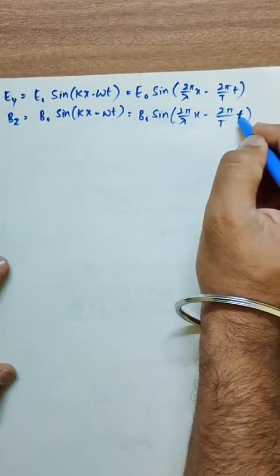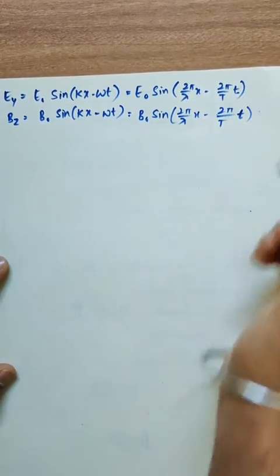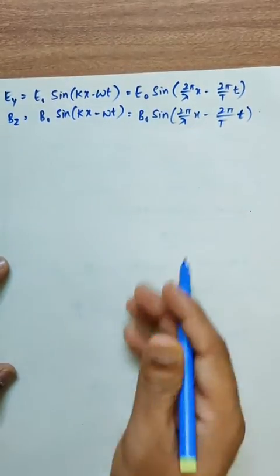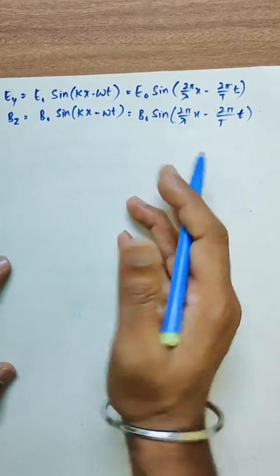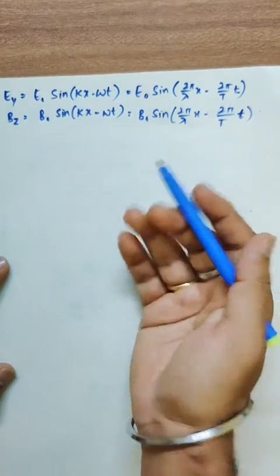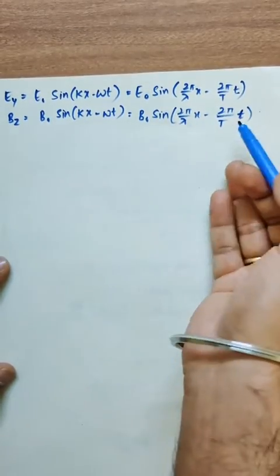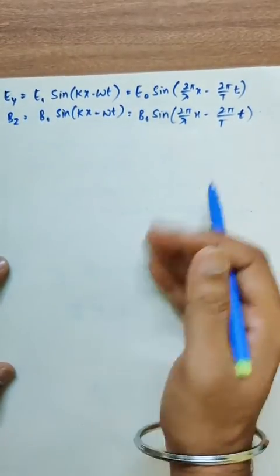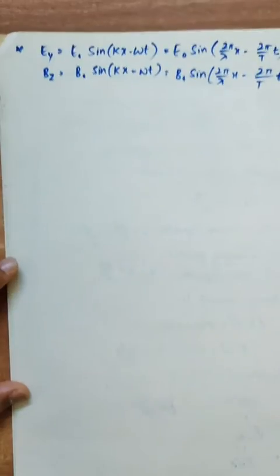In CET or other competitive exams, they can ask this kind of question directly, to find lambda or T, so make use of this formula.